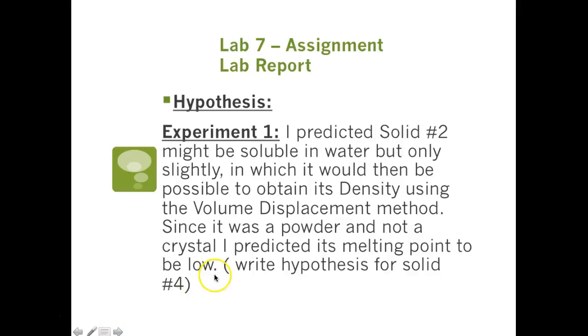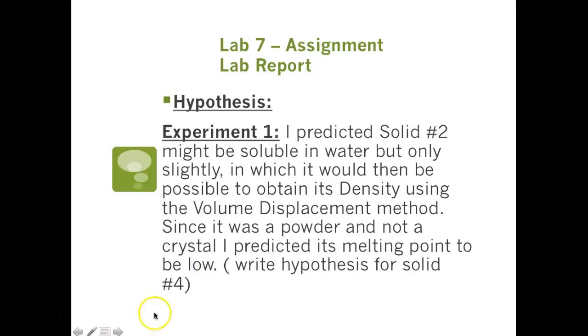The hypothesis is that I predicted solid number 2 could be slightly soluble, in which case it would be easy to then obtain its density using the volume displacement method. All right, and since it looked like a powder and not a crystal, I predicted its melting point to be low.